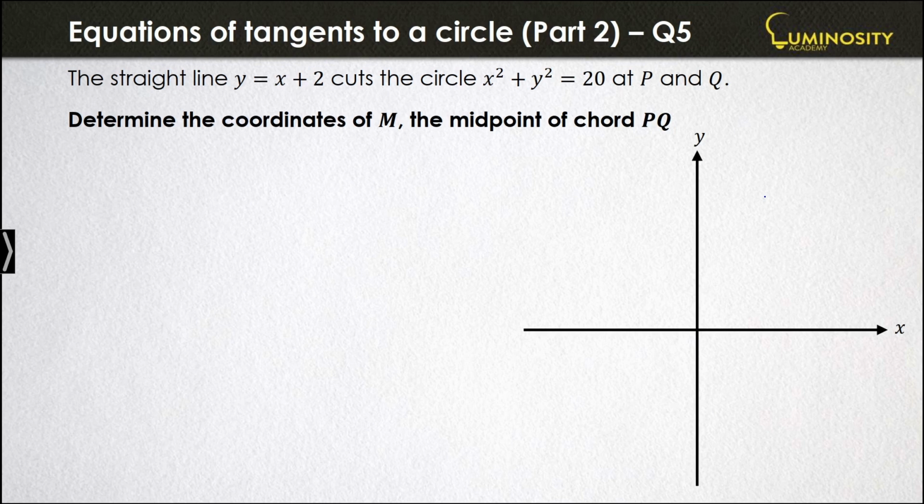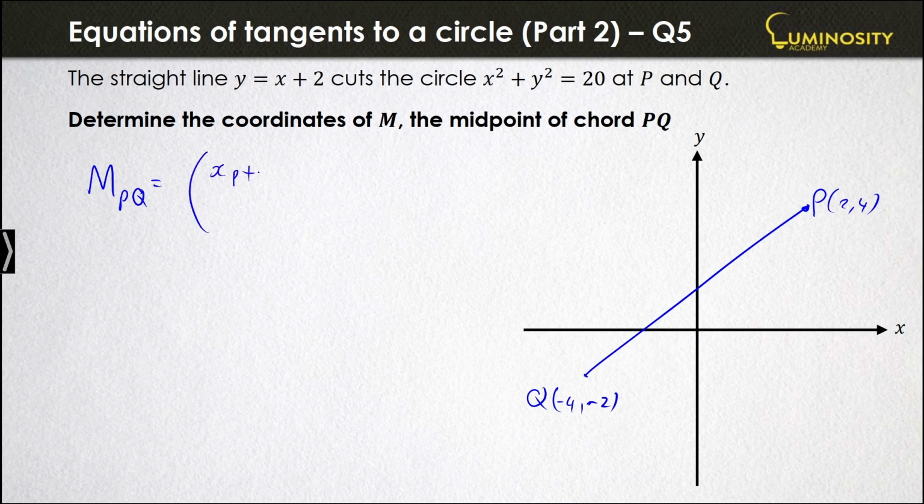Now I want the coordinates of M, the midpoint. There's the point P (2, 4) again, then the point Q (negative 4, negative 2). How do I find the midpoint of PQ? I use the midpoint formula: the sum of the x coordinates divided by 2, and then the sum of the y coordinates divided by 2.